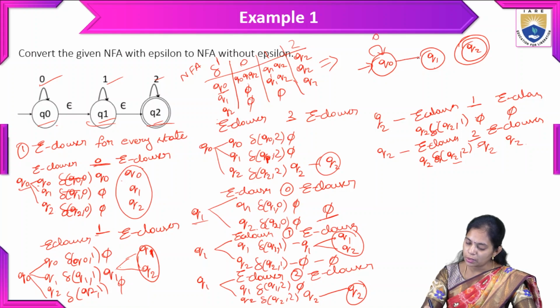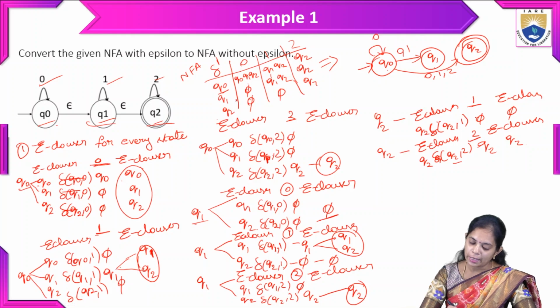And Q1 also has 0, and Q2 also has the 0 input. And for 1 input from Q0, it goes to Q1, and also for the 2 input symbol, it goes to Q2.